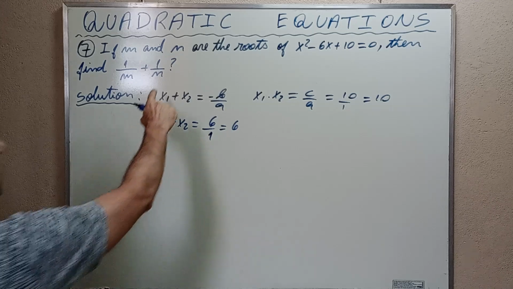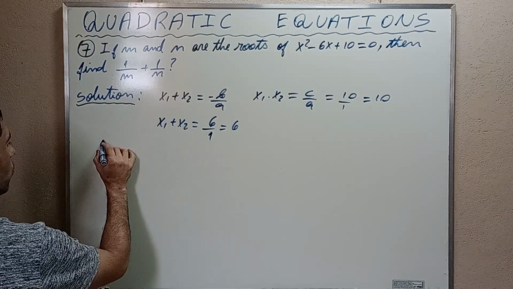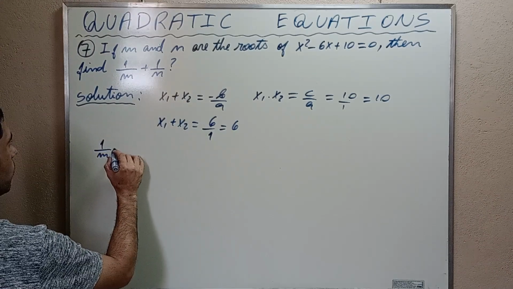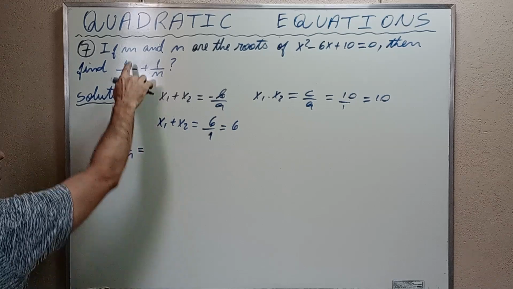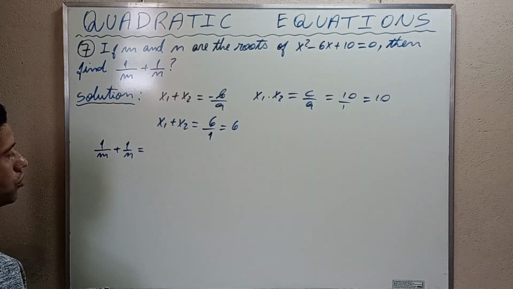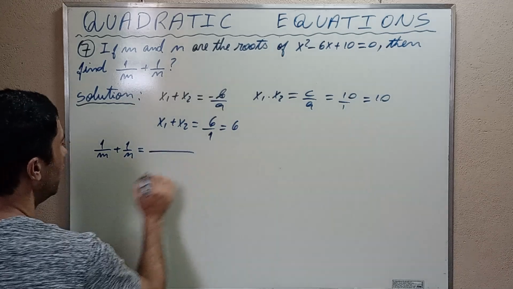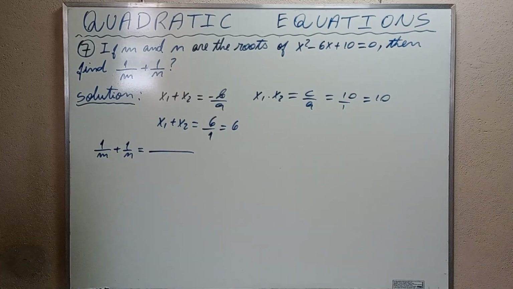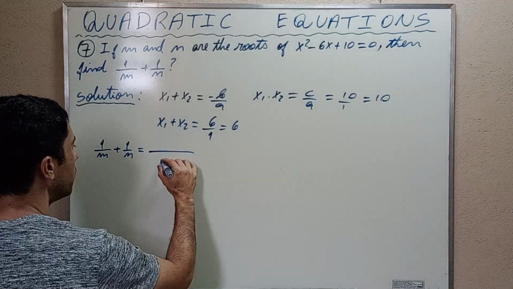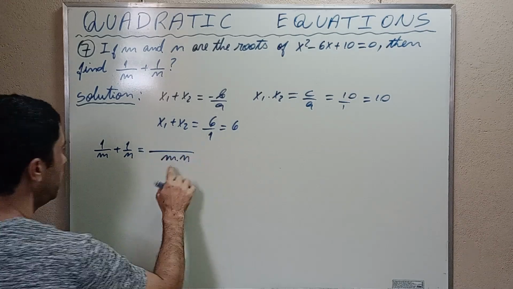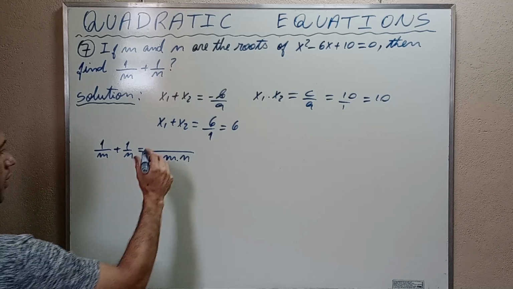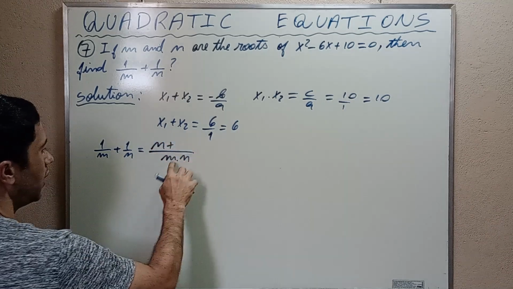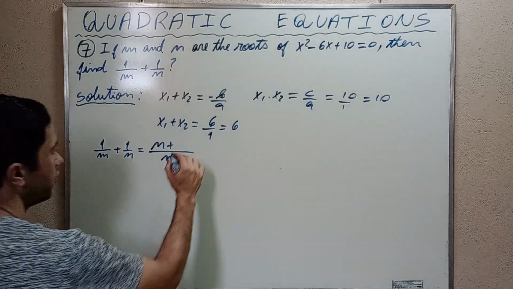Now we work on this. 1 over m plus 1 over n is equal to, observe that m and n are the roots, okay? We take the lowest common denominator here, mn. mn divided by m is n. mn divided by n is m.